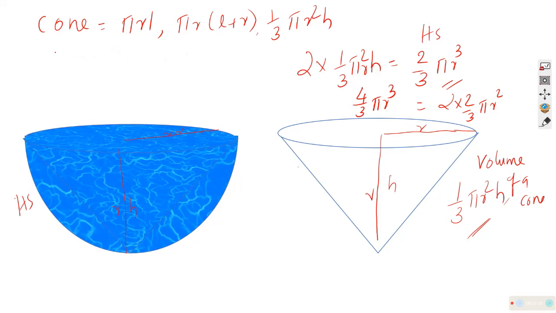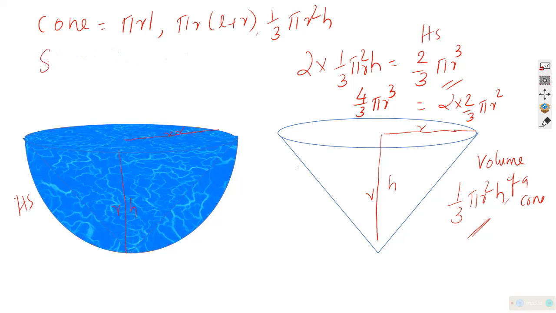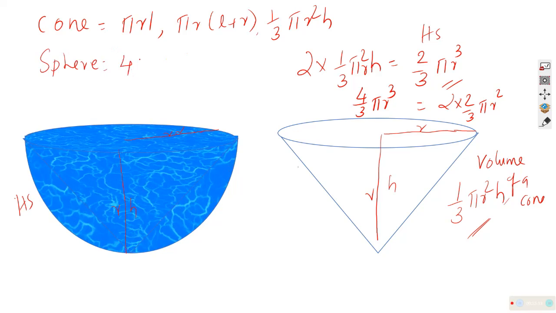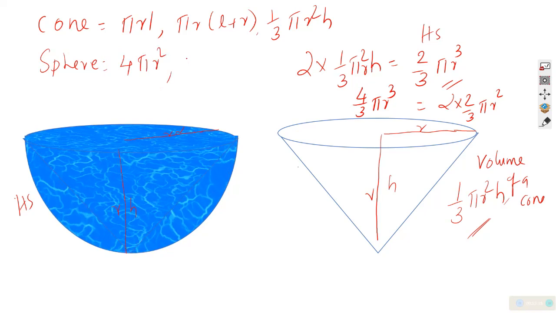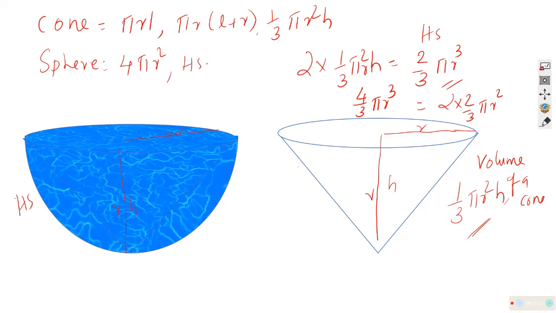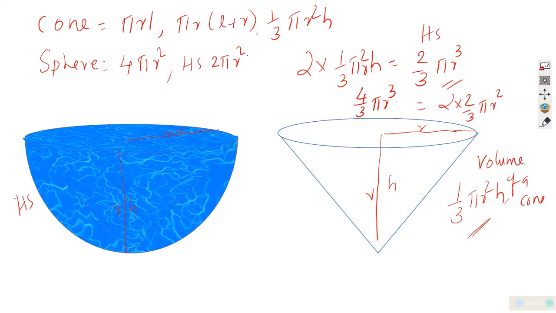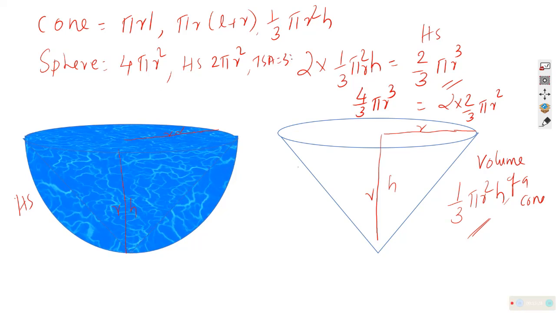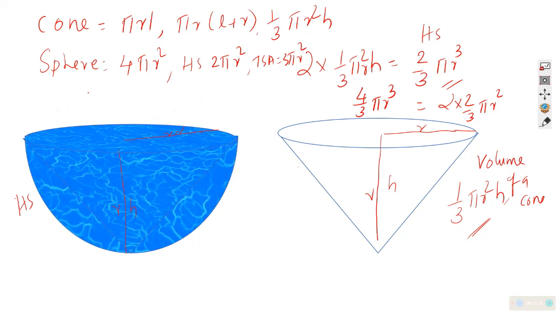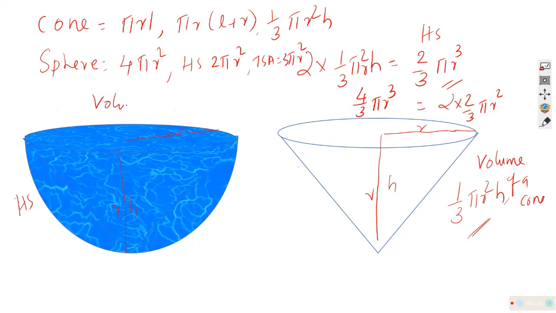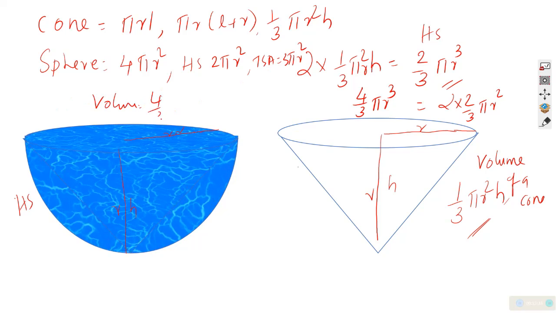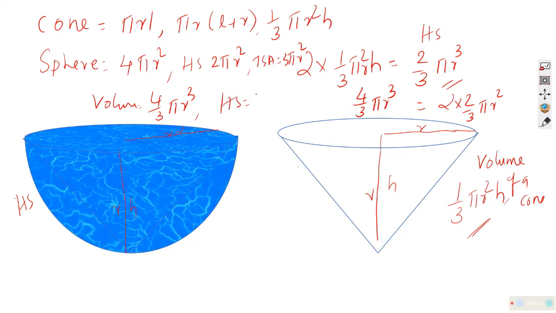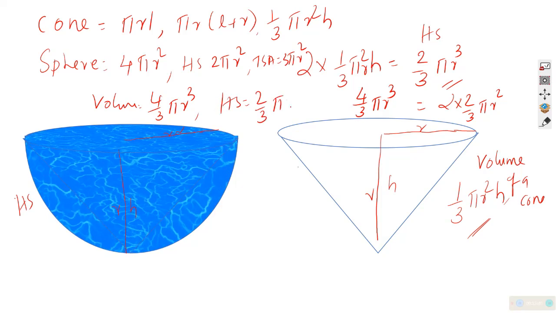When you studied about sphere just now, you found that the total surface area is 4 pi r square, that of hemisphere curved is 2 pi r square, and the total surface area of hemisphere is 3 pi r square, and the volume of sphere is 4 by 3 pi r cube, and that of hemisphere is 2 by 3 pi r cube.